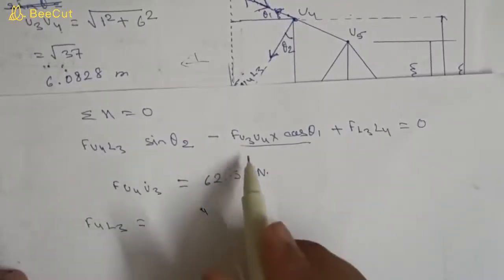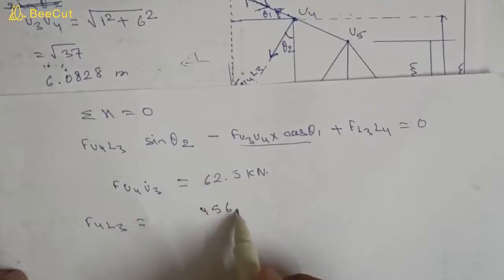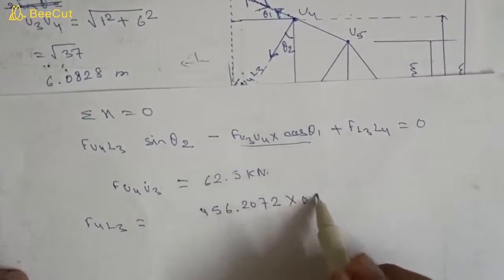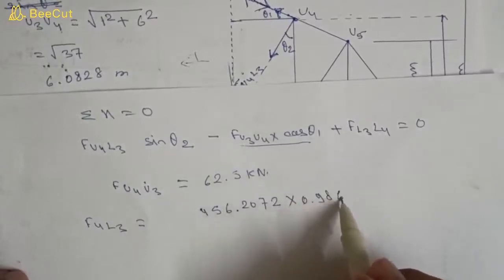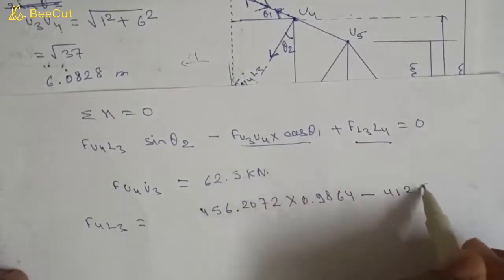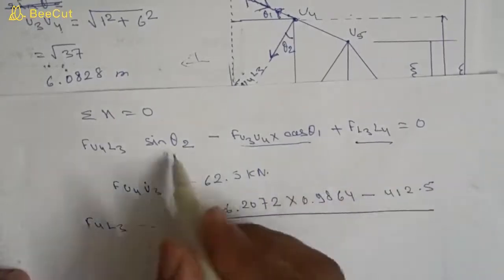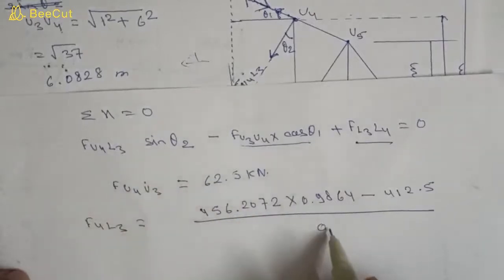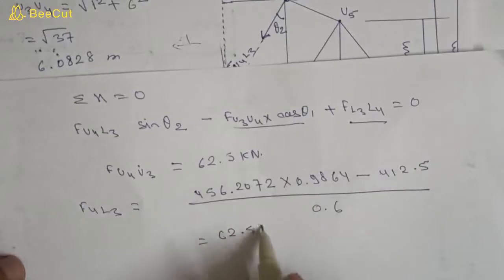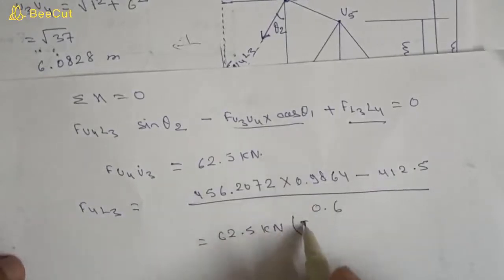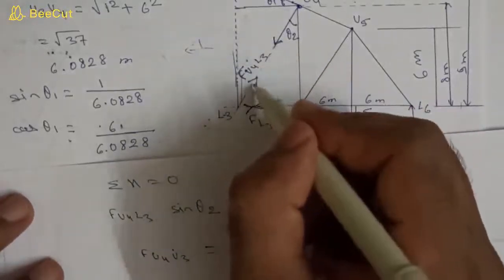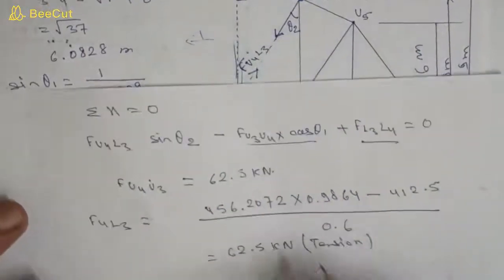F U3 U4 is 456.2072 into cos theta 1, 0.9864, minus 412.5 we have calculated, divided by sin theta 2, which is 0.6. If you calculate it, it will become 62.5 kilonewton, and it will be in tension, because this is an inward force, so inward forces will be in tension.